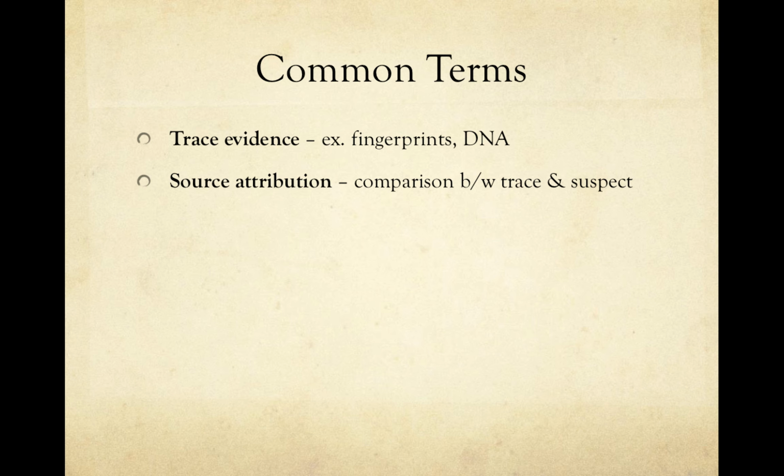So, for example, you could compare trace evidence of a fingerprint to a suspect's fingerprint and make a determination about whether or not they match, trying to find the source of that trace evidence.